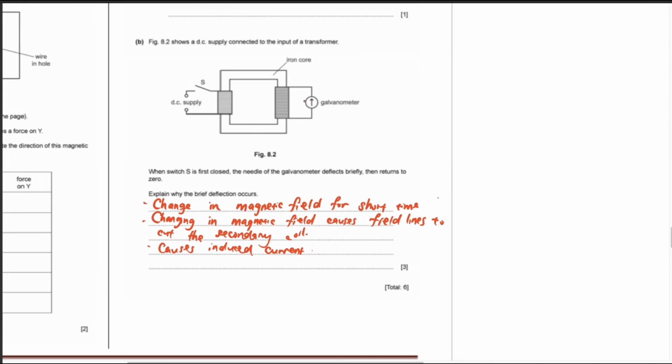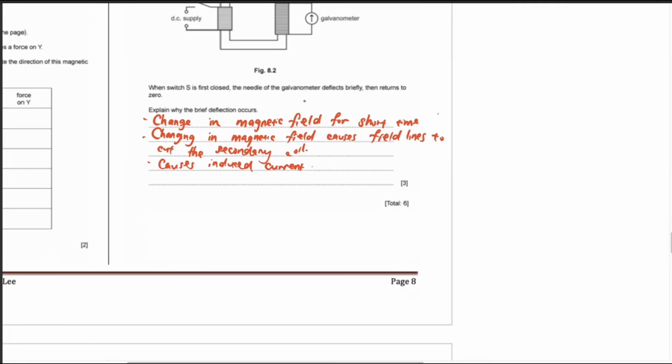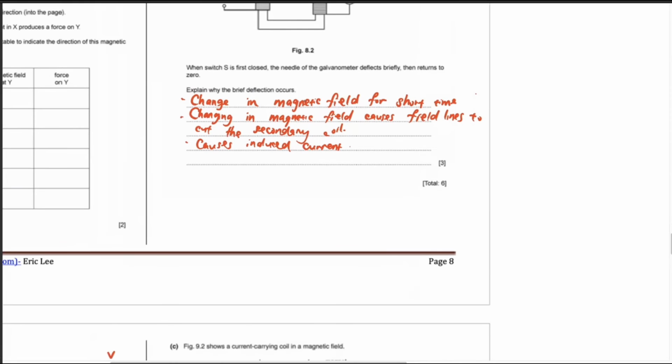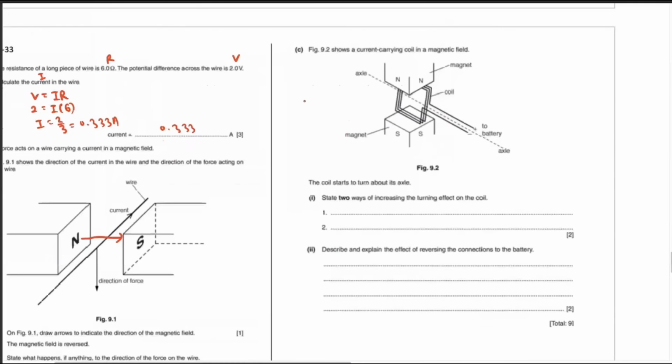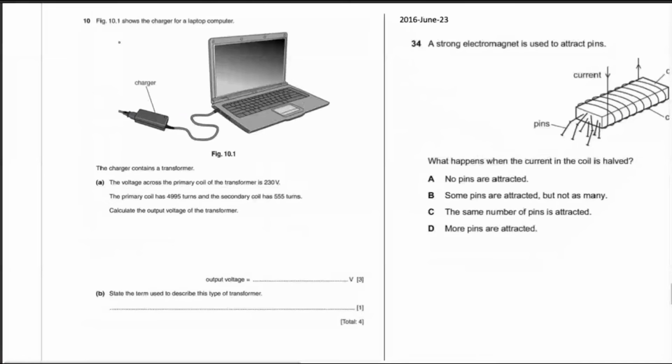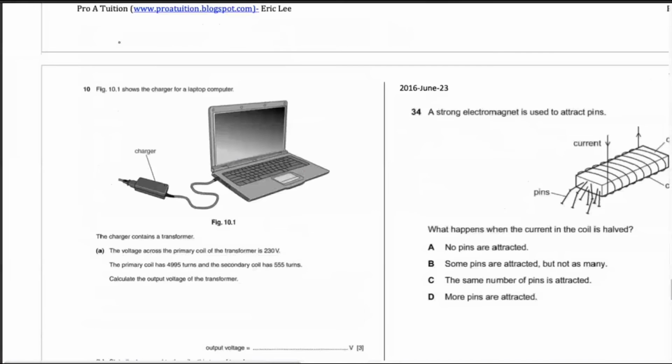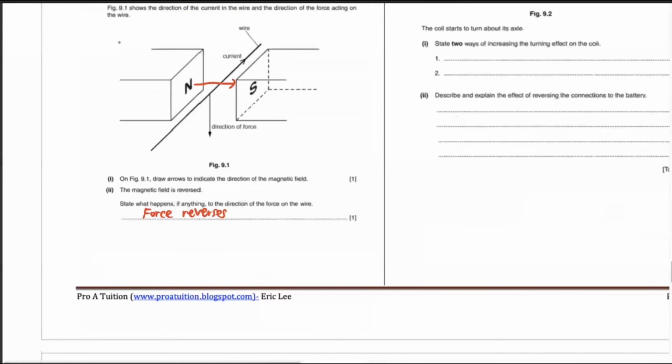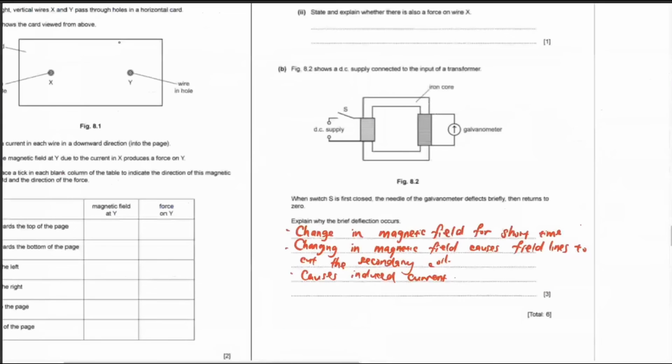Okay, then let's see another one. It's a very famous question after all. We have this question again and again from transformer. Regarding the last question about the galvanometer, the secondary coil is attached to the galvanometer.